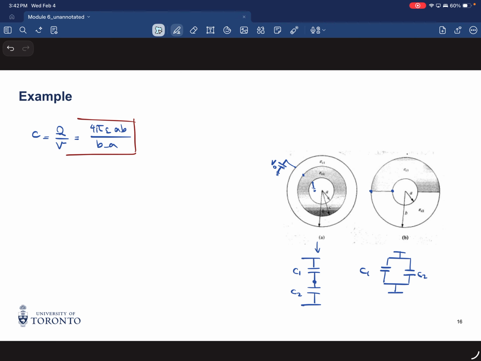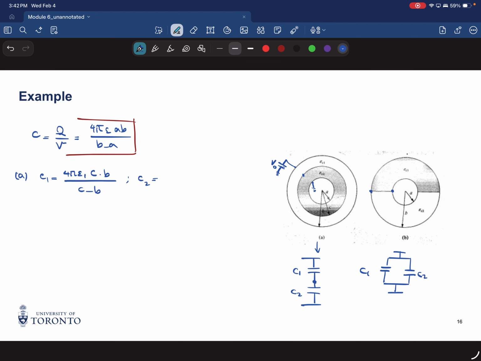In configuration A, C1 is going to be 4 pi epsilon, it depends which one we call, let's say epsilon 1. And then we need the radius of the two conductors. Here, this is C. The radius of the other one is B, so C minus B.